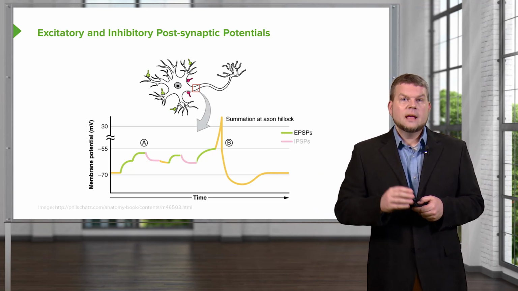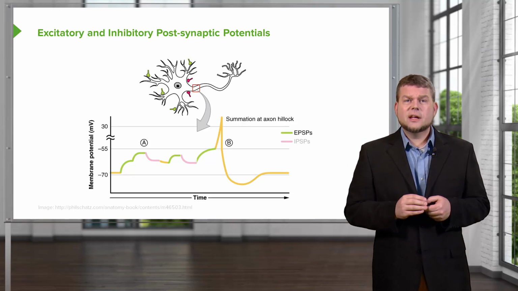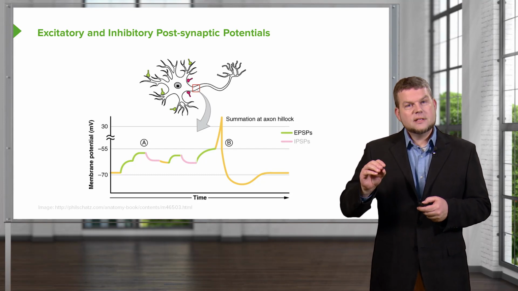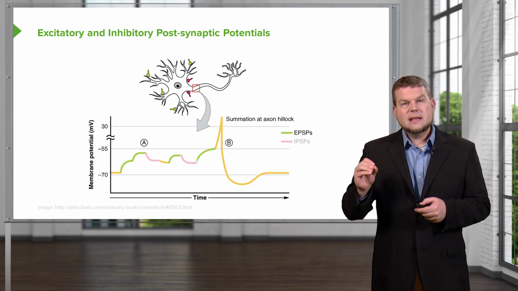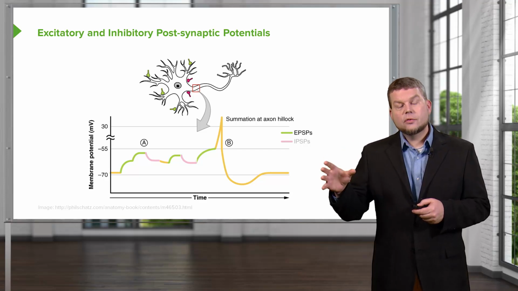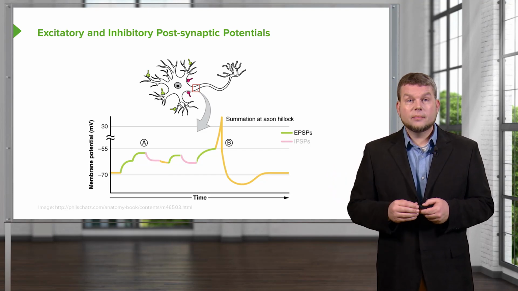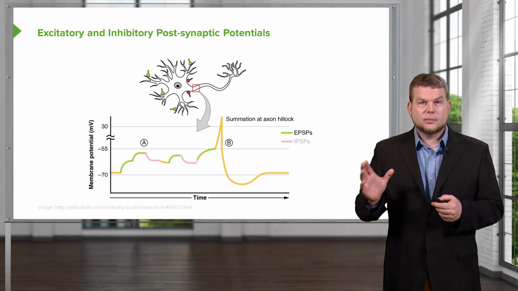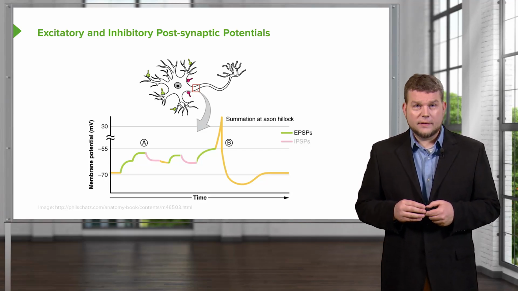So if we look at the positives first, let's take a membrane potential that starts out at minus 70 millivolts. You can see here two green blips. Those are EPSPs, a signal from another nerve telling this particular nerve to fire. At point A, we have not yet reached threshold. In our example here, threshold is minus 55.